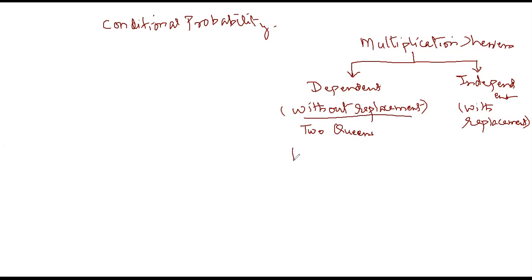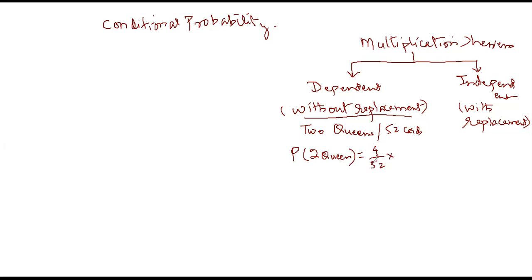The probability of two queens out of 52 cards: getting the probability of two queens is equal to, first queen will be selected out of four queens, 4 by 52.